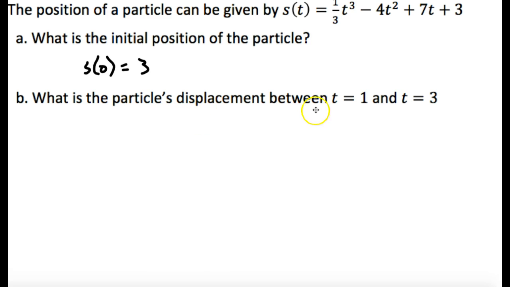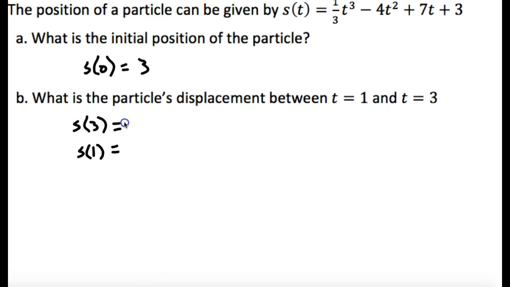Then we want the particle's displacement between 1 and 3. So I need to evaluate s of 3 and s of 1. I'm not going to bore you with plugging all that in.